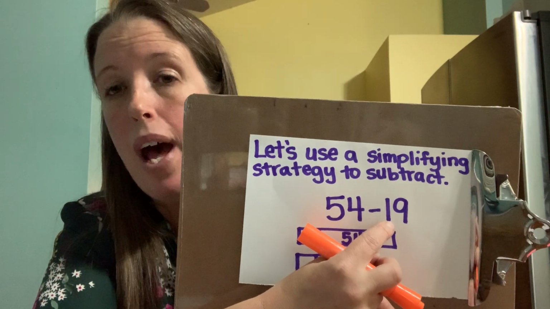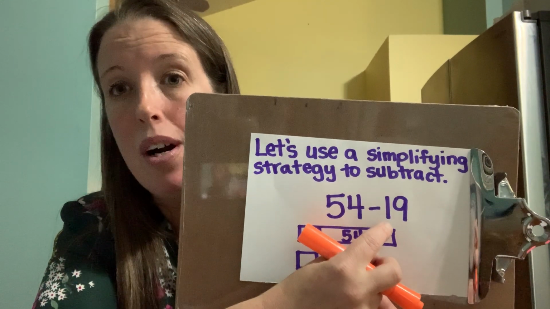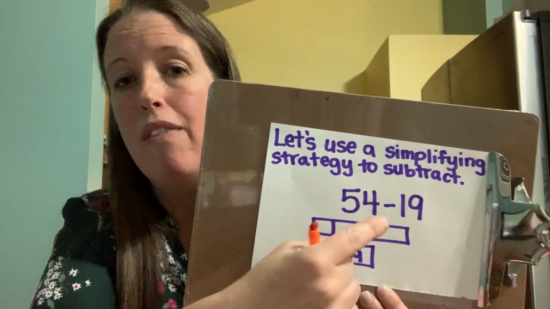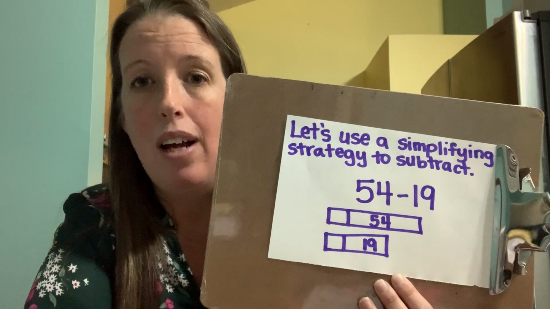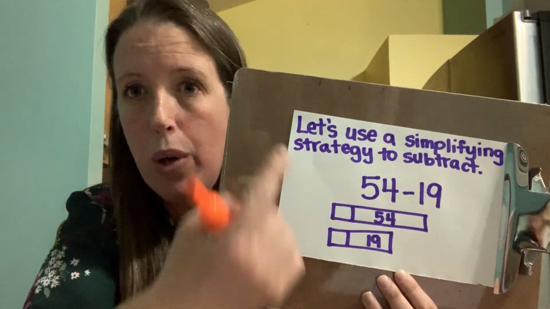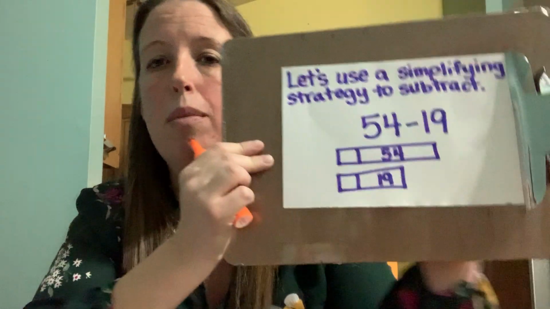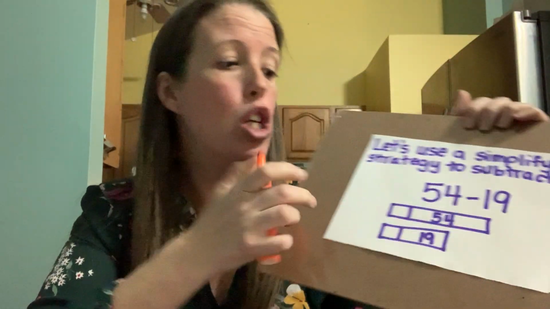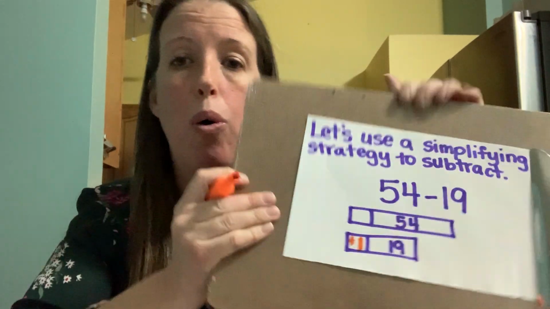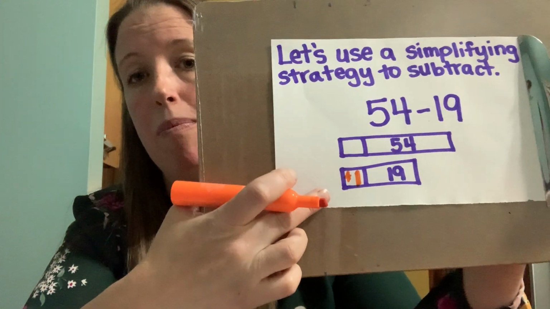And we're going to do that by bringing this number to the next 10. So if I'm at 19, how far away am I from my next 10? I'm 1 away. Just 1 more would give me 20. So what I'm going to do is write plus 1 for my 19.